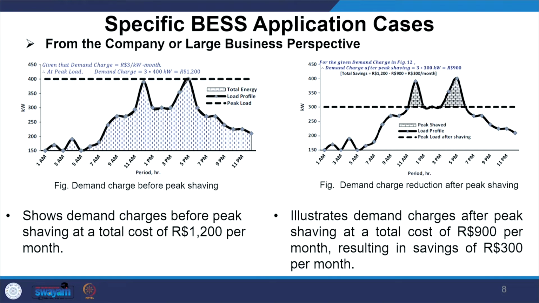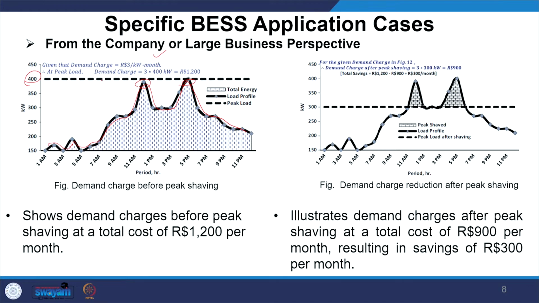Now, for the business houses, this is basically your demand curve, and you could see there are multiple peaks. These are two peaks, because of which you need to meet a 400 kilowatt requirement throughout the day's operation. So, this is the demand charge we need to pay for peak requirement. It says that the demand charge is going to be rupees 3 per kilowatt per month.